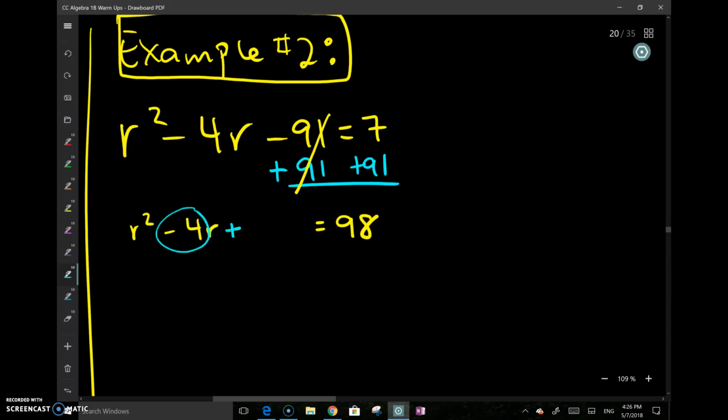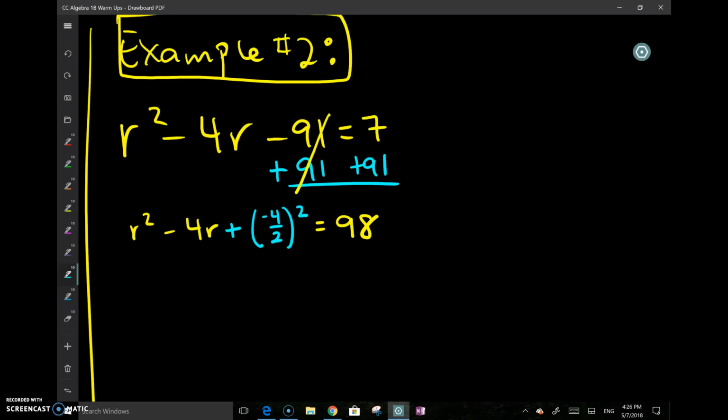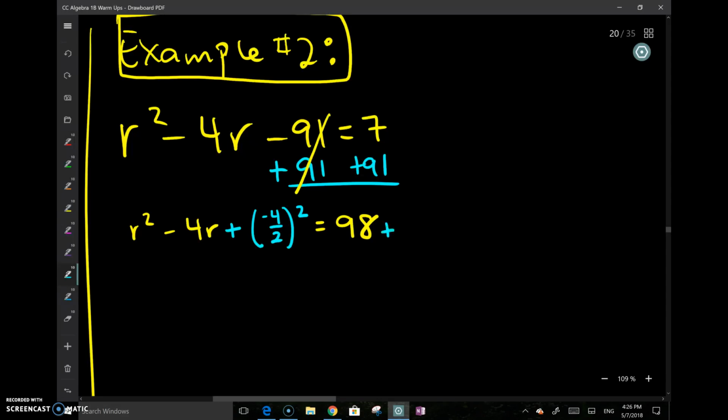You can see it right here, negative 4. I'm going to take that negative 4, cut it in half, and then square it. And being that this is an equation, once again, I must do the same on the other side in order for it to remain balanced. So plus negative 4 divided by 2, and then square that.